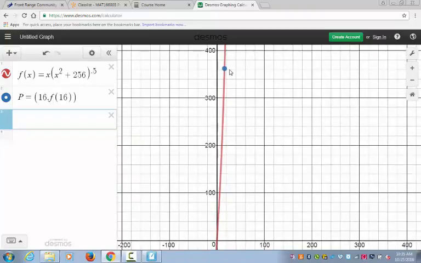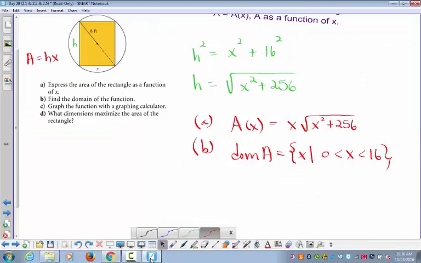I'm a little surprised by that. Do we have the right area function? I was expecting us to see h squared plus x squared equals... Say that again? The function was not correct. Oh, it should have been h squared. Yeah, I know exactly what you're saying.